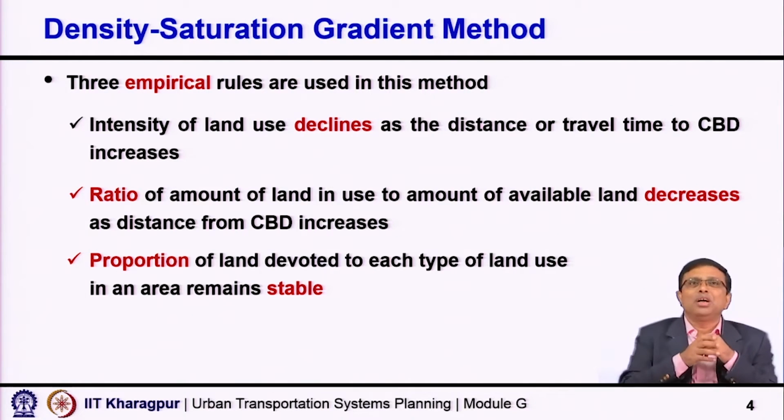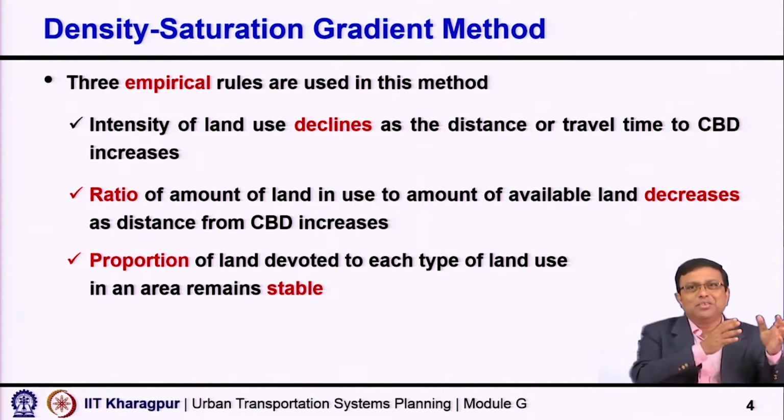That ratio decreases as the distance from the CBD increases. Again quite logical. A higher and higher percentage of land is available as you go away, so further development can take place.